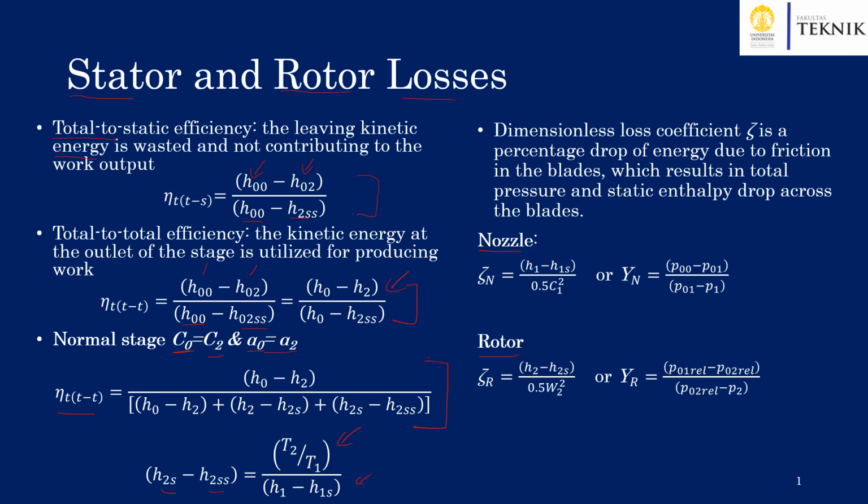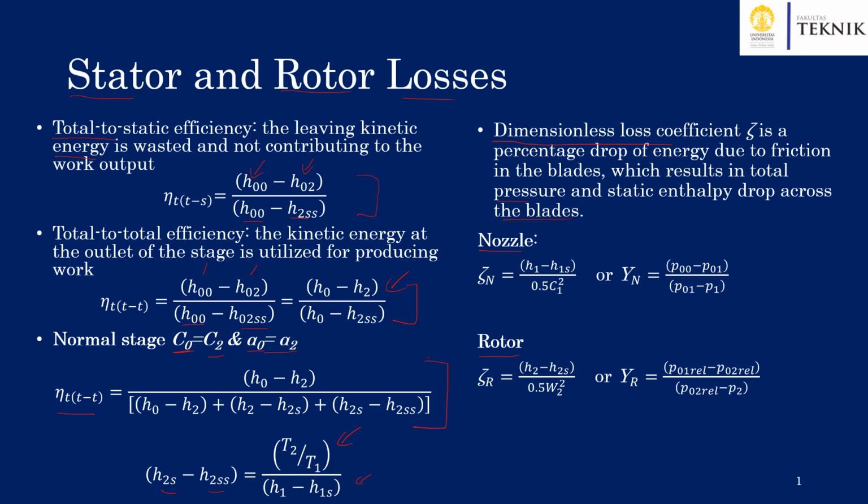These are known as the dimensionless loss coefficients. That is a percentage drop of energy due to friction in the blades, and this will result in total pressure and static enthalpy drop across the blades.